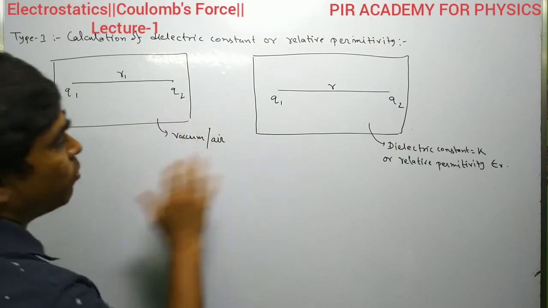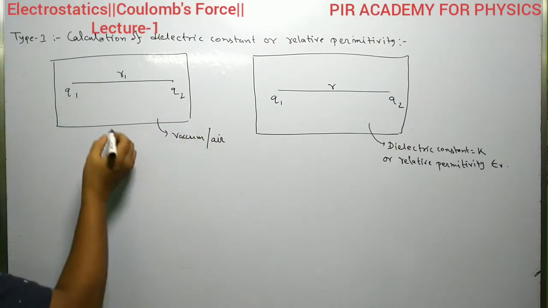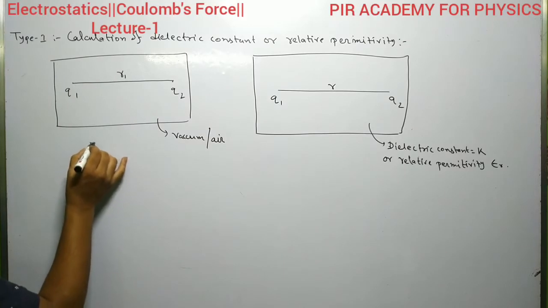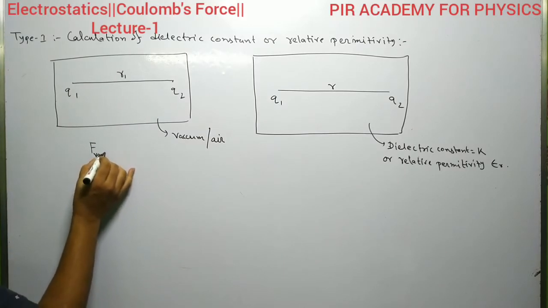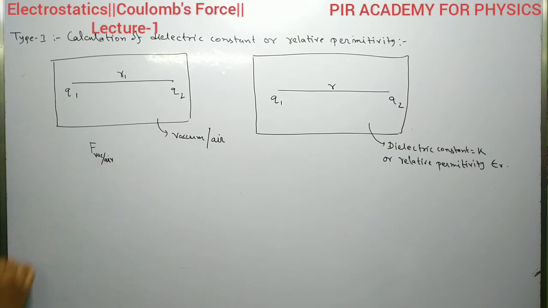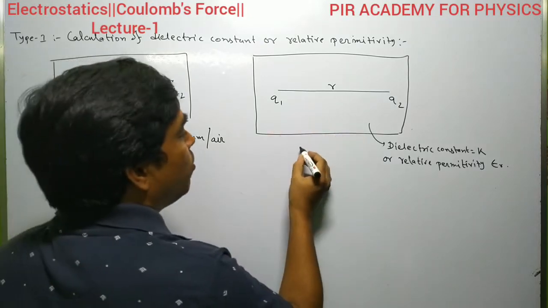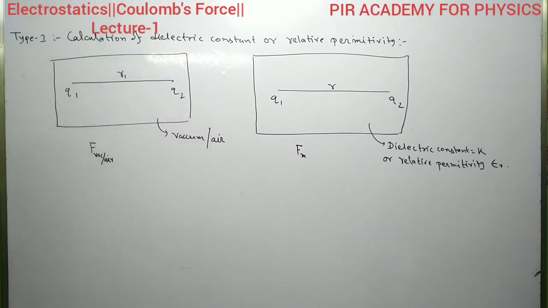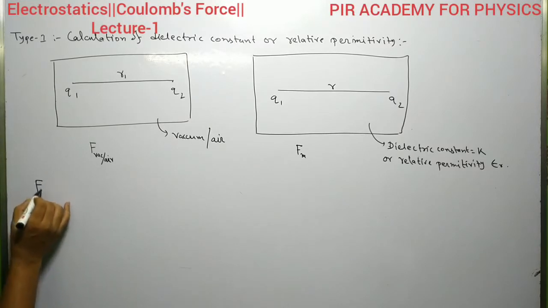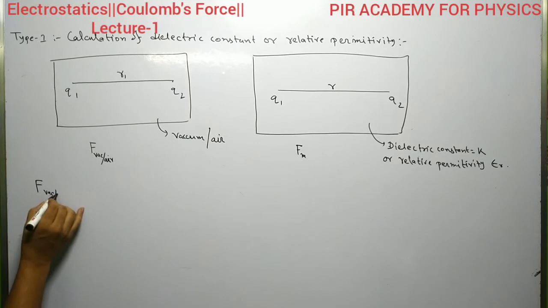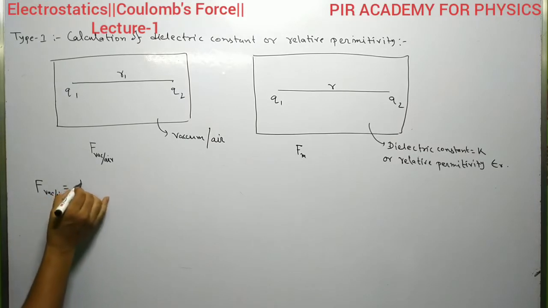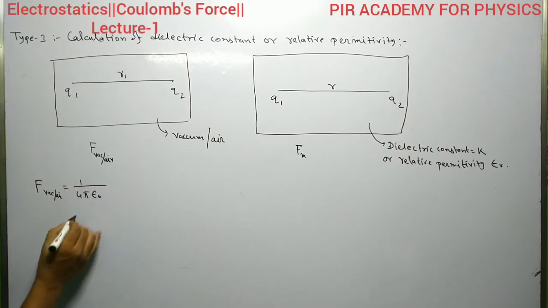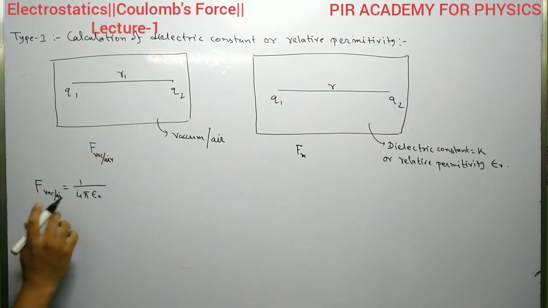In these two cases, suppose the force between the two charges here is F of vacuum or air, and here the force between the two charges is F of medium. Then using Coulomb force you can write F of vacuum or air equals 1/4 pi epsilon naught Q1 Q2 by r square. What is epsilon naught? Epsilon naught is the permittivity of vacuum.